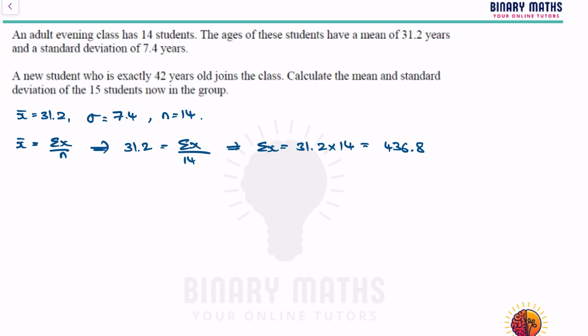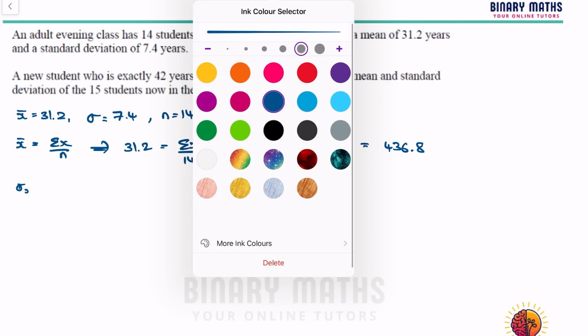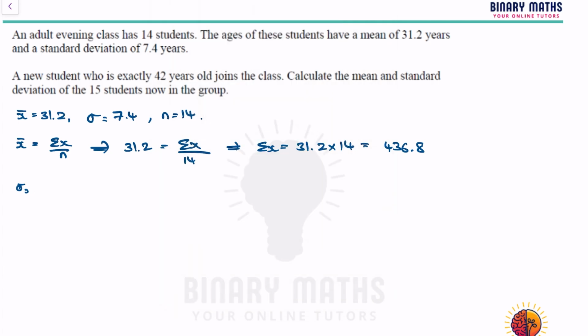Okay, if I work out sigma, the formula to work out the standard deviation is equal to the square root of sum of x squared over n minus x bar squared, which implies 7.4 is equal to the square root of sum of x squared over n, which is 14, minus mean, which is 31.2 squared.